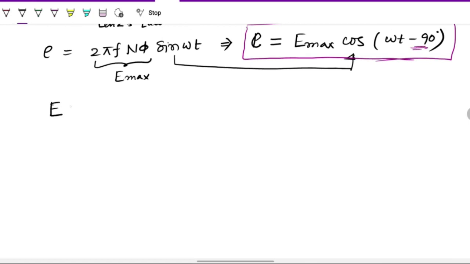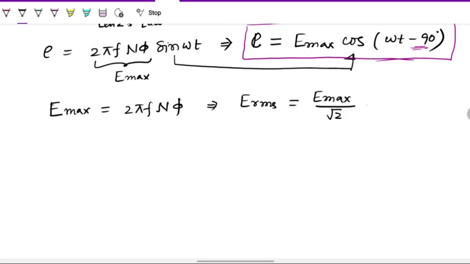Now E max is given by 2 pi f N phi. So we'll be getting the RMS value of the generated voltage as E max upon root 2, that is 2 pi f N phi upon root 2.